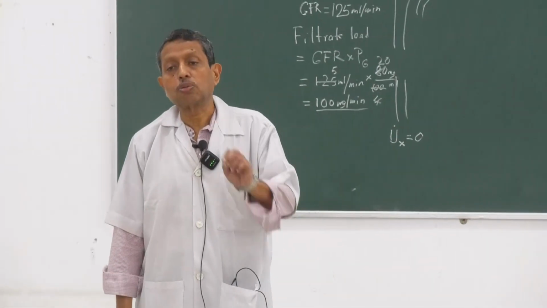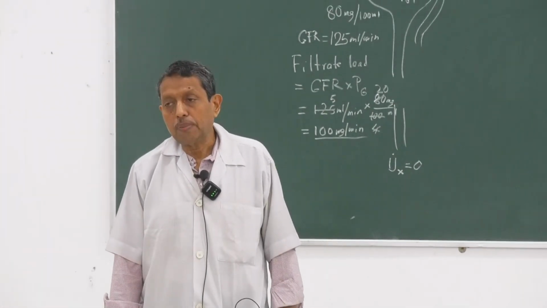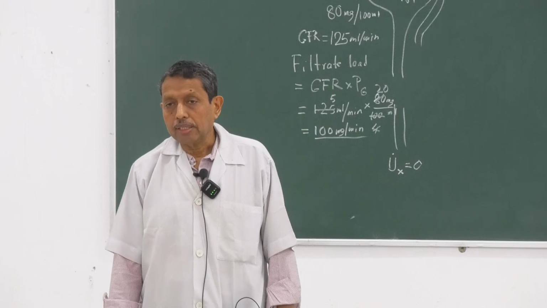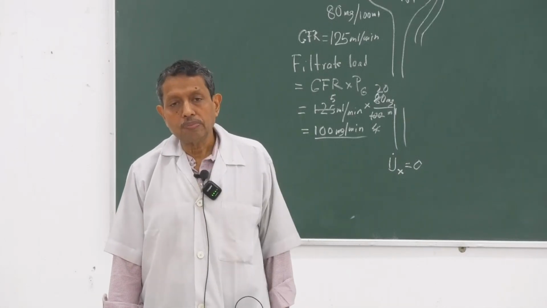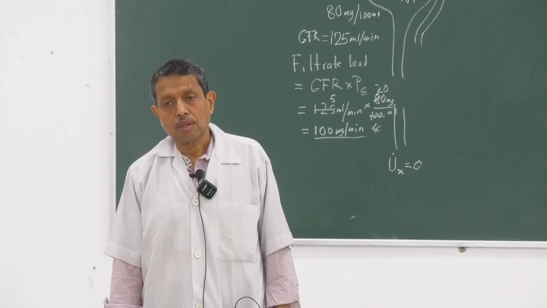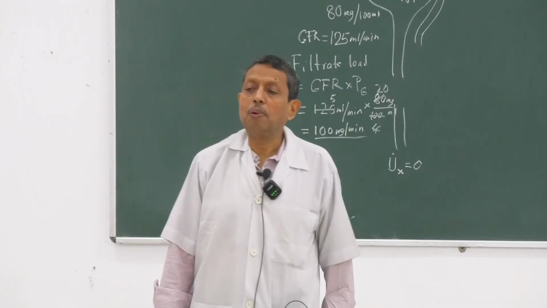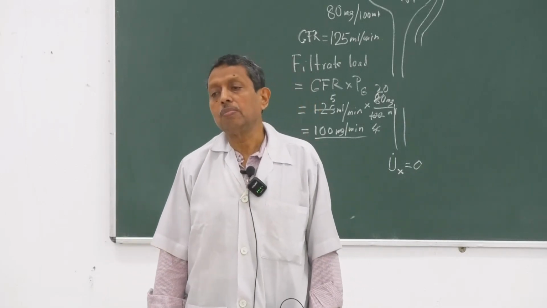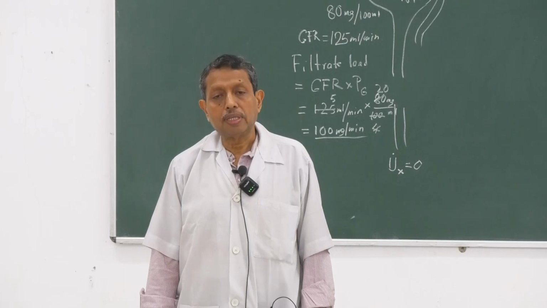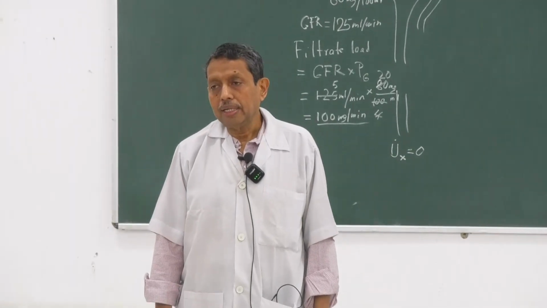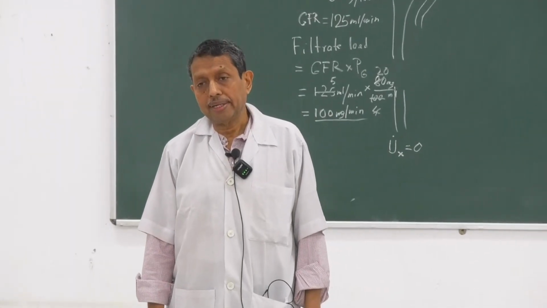What is the filtered load of sodium in different units? You consider the plasma sodium into GFR. Per day, the filtered load of sodium becomes equal to 140 milliequivalent per liter into 180 liter per day.